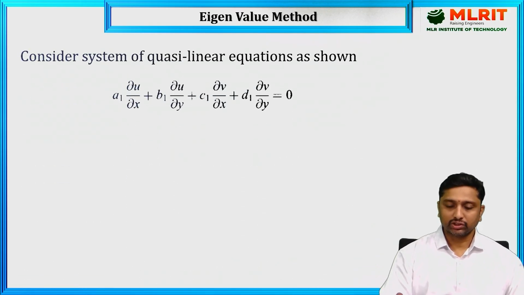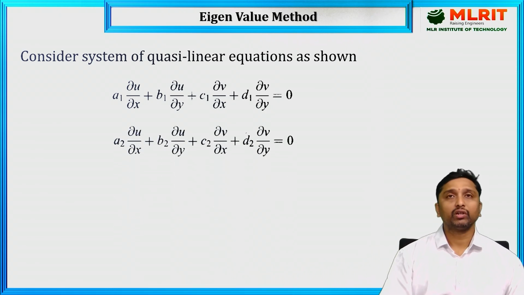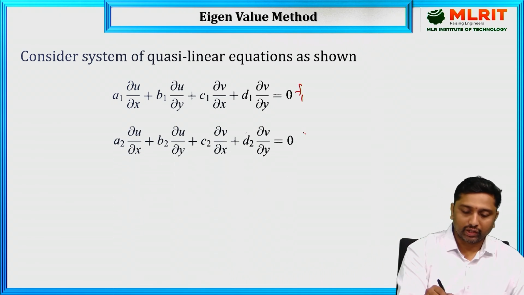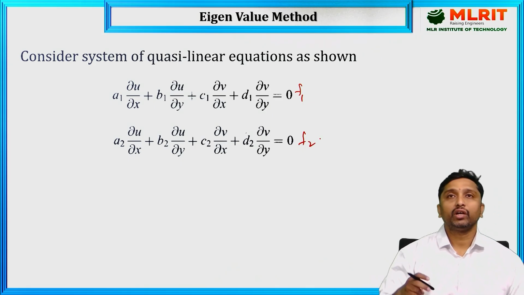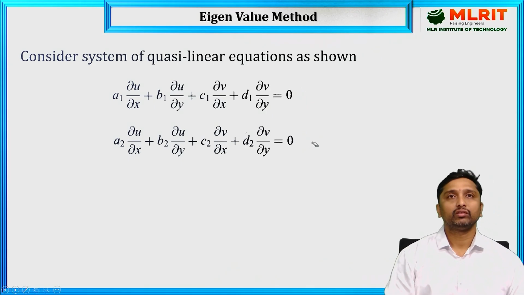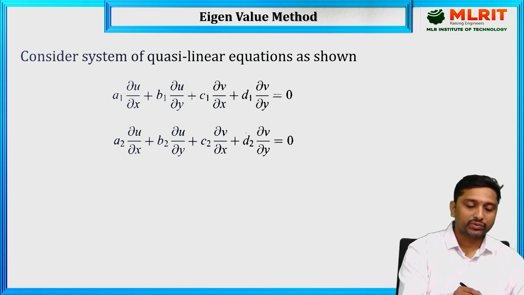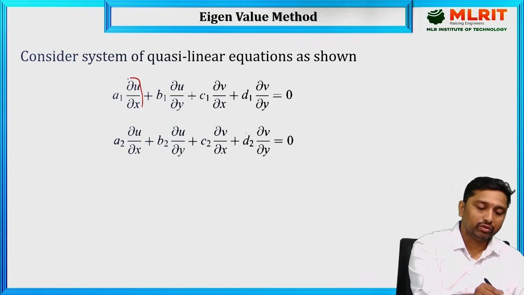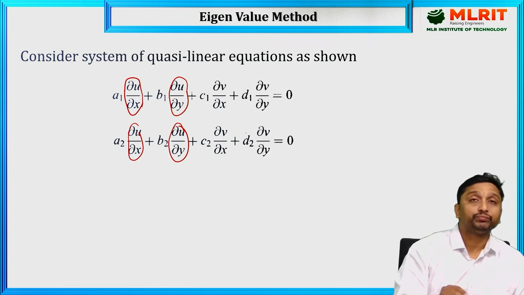So consider a system of quasi-linear equations, just like we considered for the previous case where we had f1 and f2. Here we are trying to make them equal to 0. If we observe, each equation has a dou u by dou x term and a dou u by dou y term.